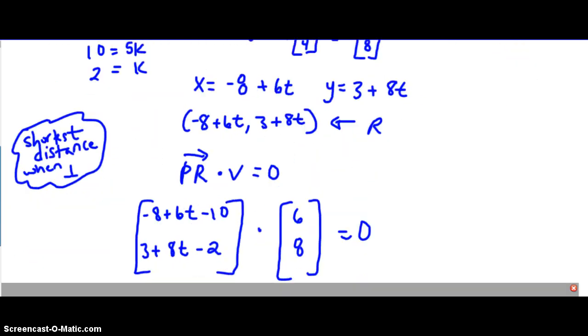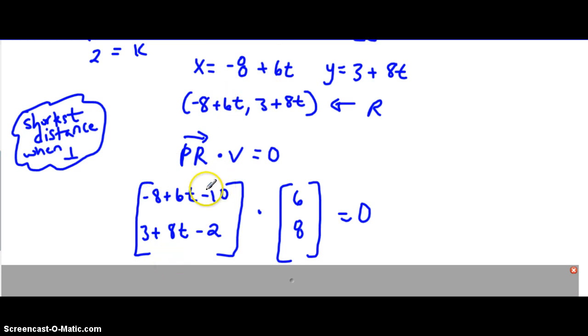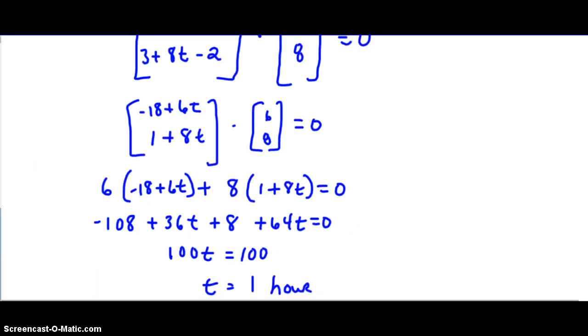So we're going to take our x value of r and subtract 10 for the point P, and our y value of r and subtract 2 for our y value of P to find that vector, and do the dot product with our velocity vector, and set that equal to 0 and solve for t. So go ahead and try that and then check back in a minute. And when you found your dot product, you should set it equal to 0 and then solve for t, and you should have found that t equals 1 hour.